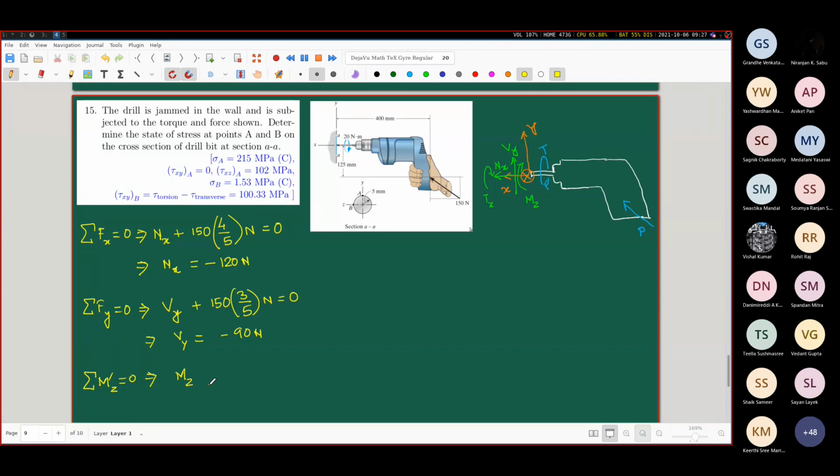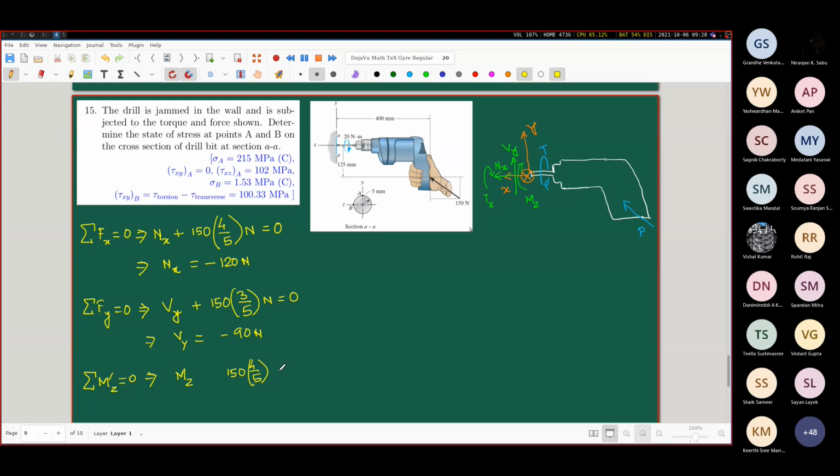Then tell me carefully, what will be the moment due to the horizontal component of the 150 Newton force? So 150 into 4 by 5 into what?